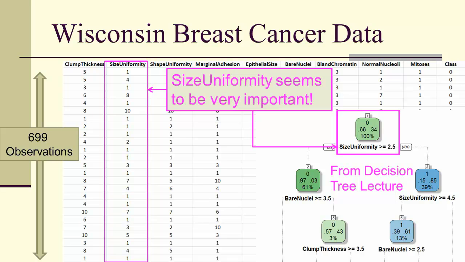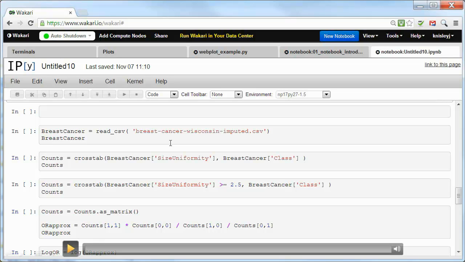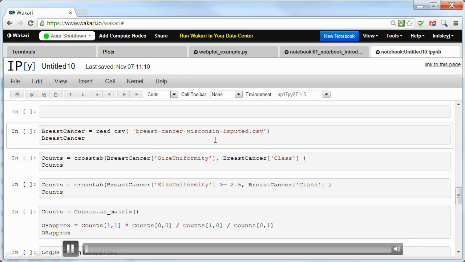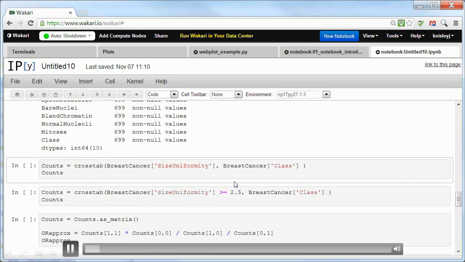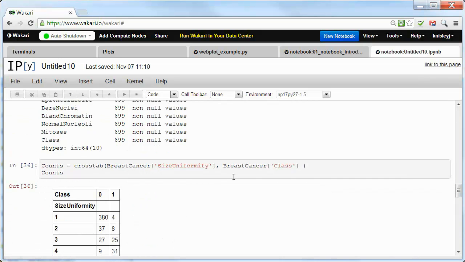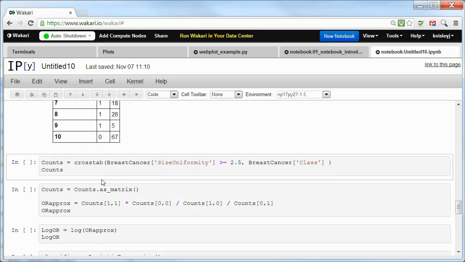So let's look at this size uniformity greater than or equal to 2.5. Once again, back in the IPython notebook. So I'm going to load in the data, and then I'm going to calculate the counts. And you can see that the size uniformity comes in 10 classes, so we're just going to look at the size uniformity in terms of greater than or equal to 2.5.